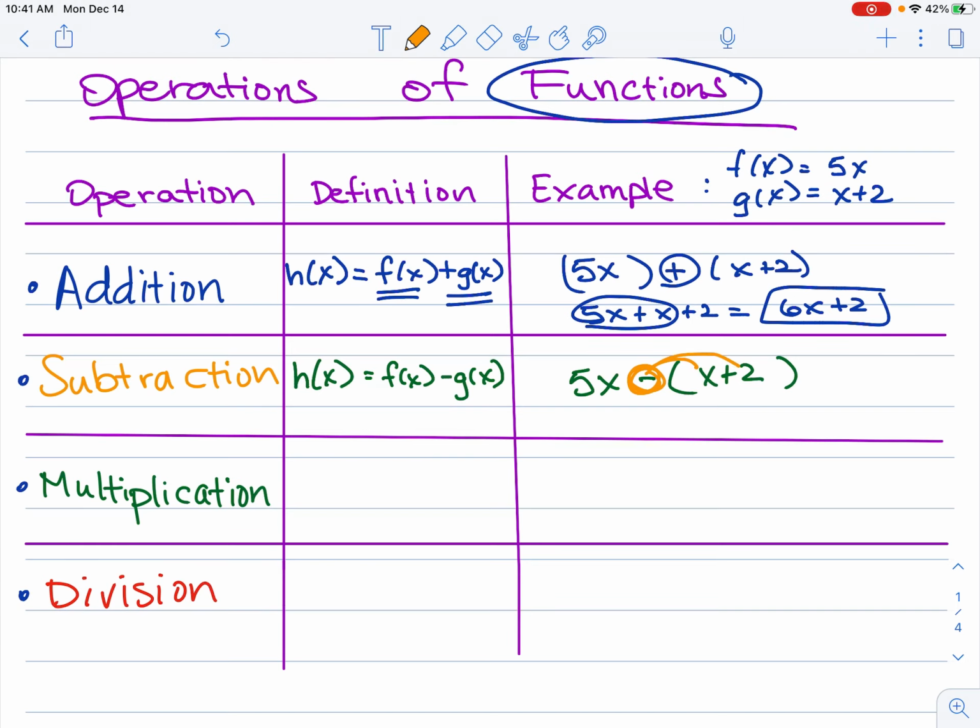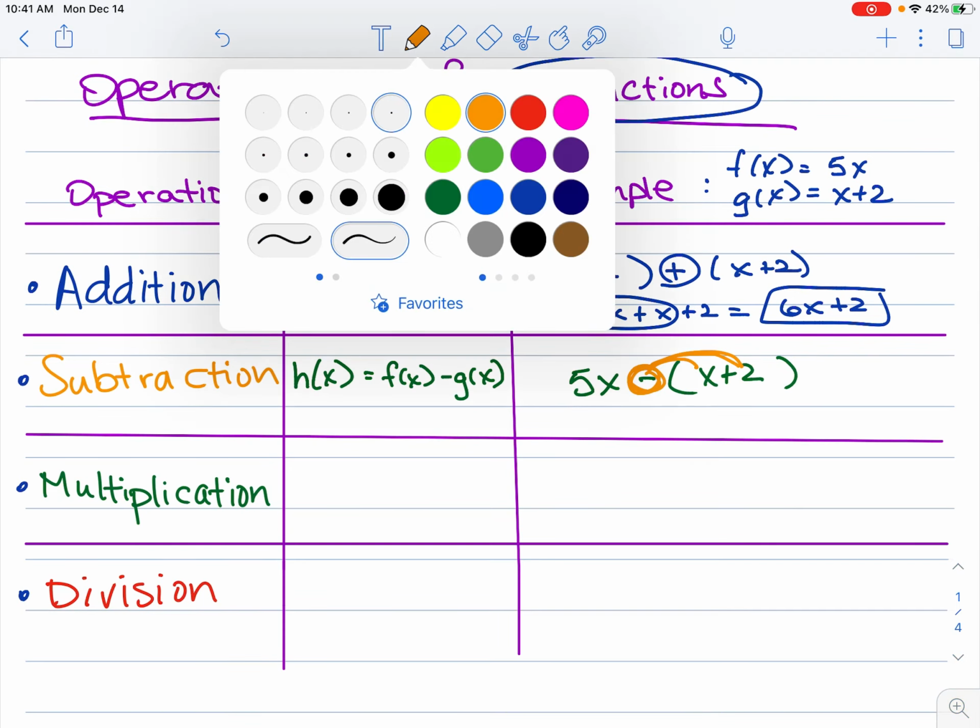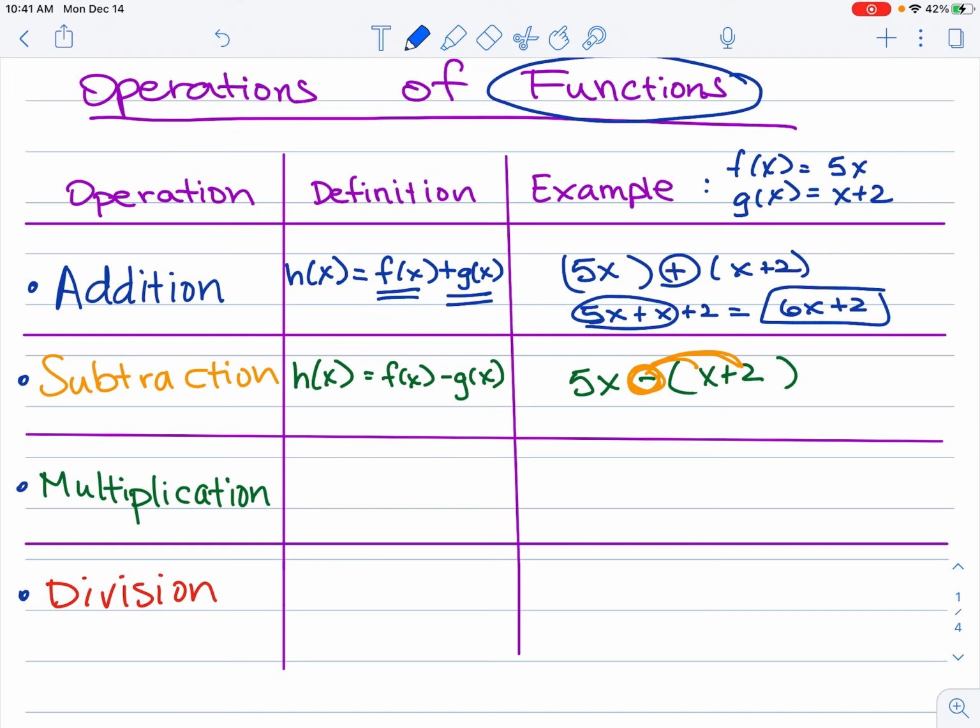So we're going to go 5x minus x and 5x minus 2. When we do this, I like to distribute it through everything behind it. So make it a positive, and then everything behind it becomes an opposite. So we've got 5x plus a negative x, or just minus x, and plus a negative 2, which is just minus 2. So we're left with 4x, because these are like terms, minus 2.